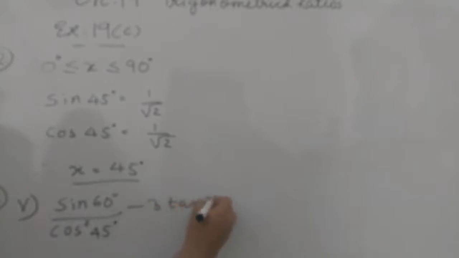Now, in number 5: sine 60 degree upon cos square 45 degree minus 3 tan 30 plus 5 cos 90 degree. So these are the values. Sine 60 degree is root 3 by 2. So placing the values accordingly.